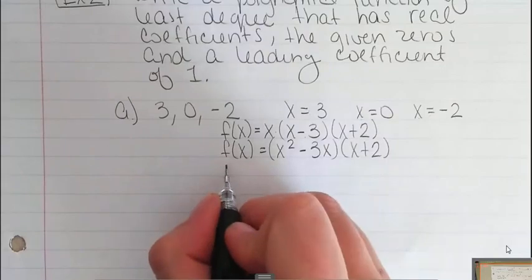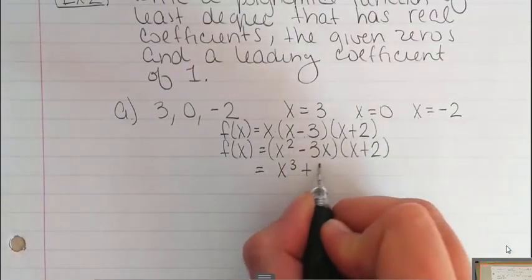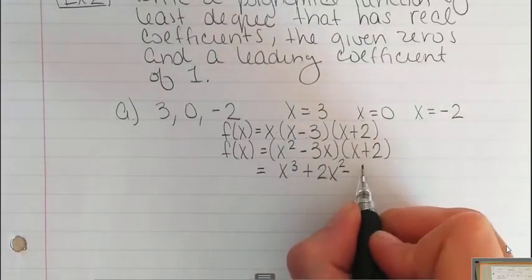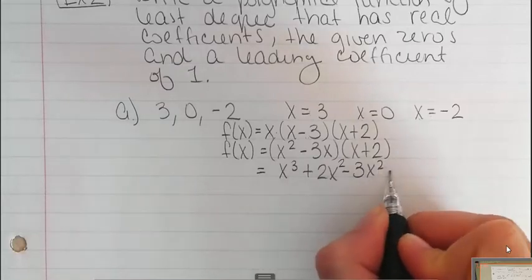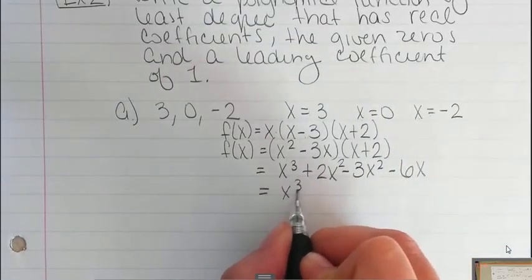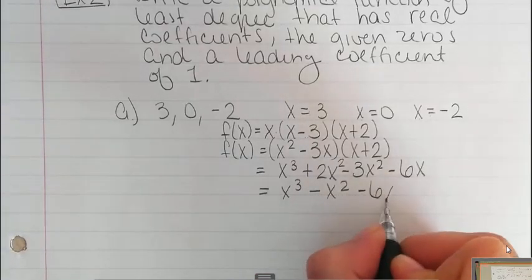And now I need to distribute one more time. So I'm going to have x cubed plus 2x squared, minus 3x squared, minus 6x. So altogether, I'm ending up with x cubed minus x squared minus 6x.